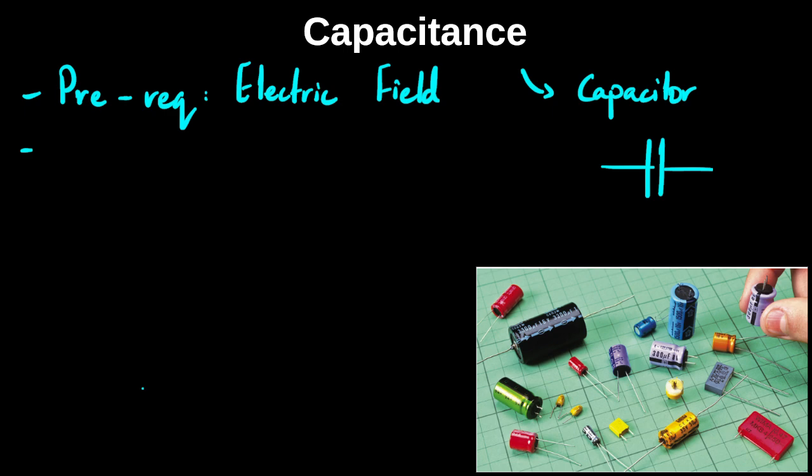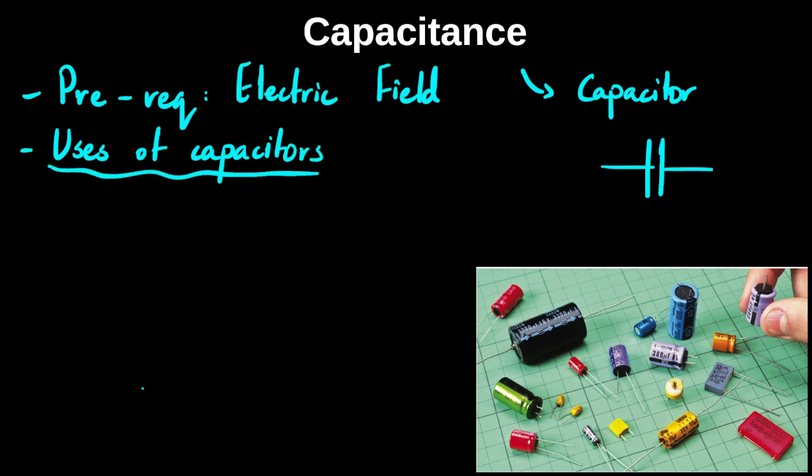Obviously you must be watching this on a smartphone or a tablet or a computer, all of which have many capacitors required for their working. This is also required in your syllabus, that you know the uses of capacitors, right? Where do we actually see the applications of these in real life?